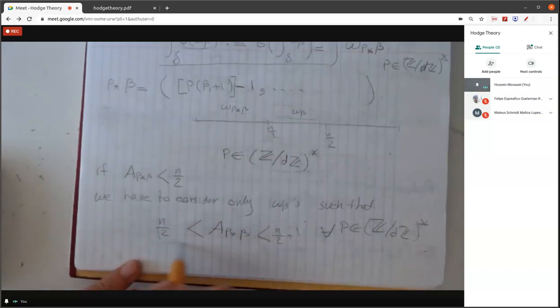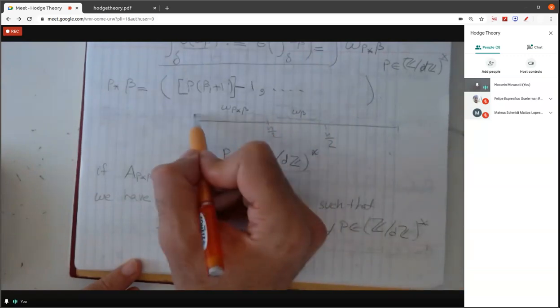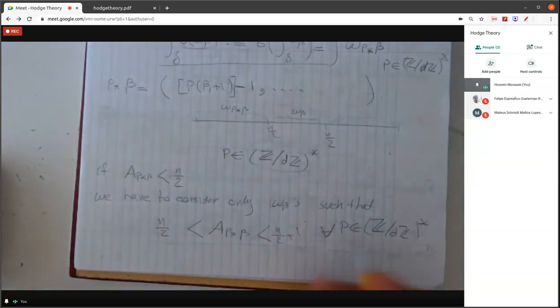Because if this does not happen, the integral of our Hodge cycle is 0, and then at the end this integral that we want to prove is an algebraic number is automatically 0.